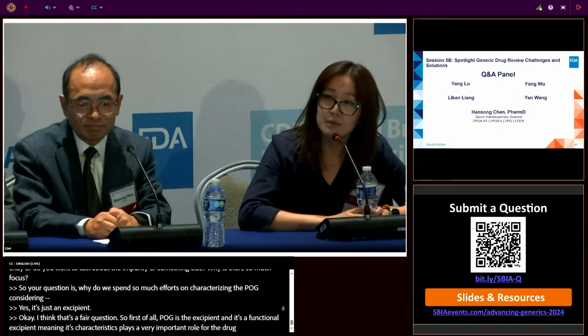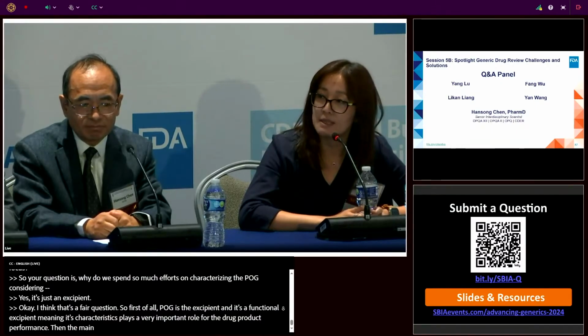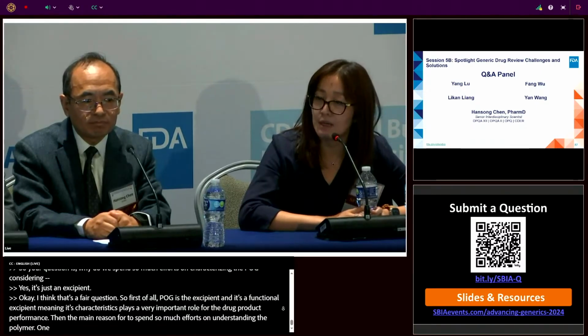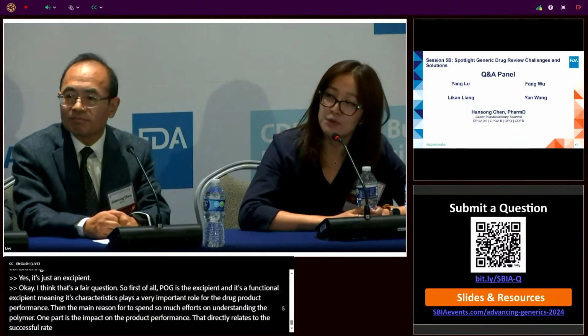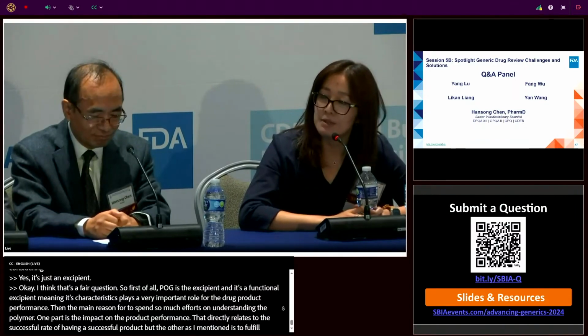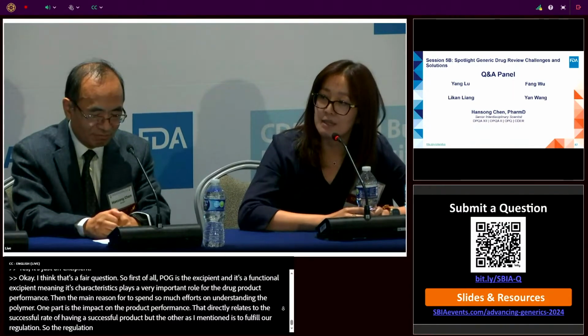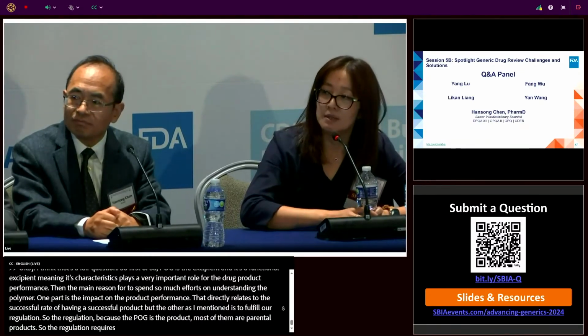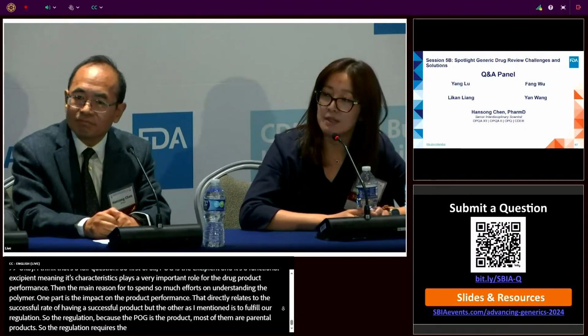The main reason for us to spend so much effort on understanding the polymer is, one part, its impact on the product performance, which directly relates to the success rate of having a successful product. The other part, as I mentioned, is to fulfill our regulation. Because PLGA-based products, most of them, are parenteral products, the regulation requires the generic to demonstrate that the composition of the generic is qualitatively and quantitatively the same.